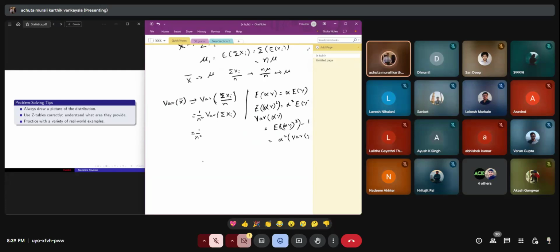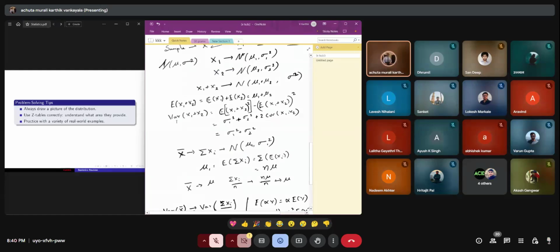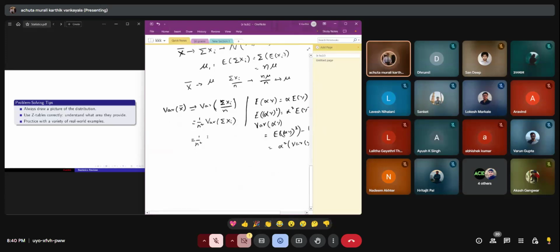What we have seen about the summation of xi: if they are independent, their variances add up, right? We have seen that the variance of x1 plus x2 would be sigma 1 square plus sigma 2 square if they are independent. Here we have assumed that in our sample all of them are independent. That means all of their variances will be added up.